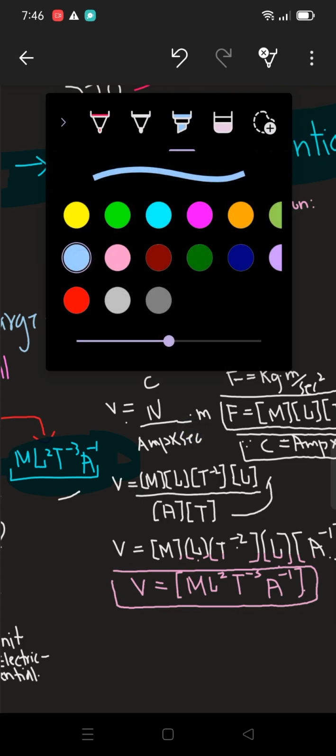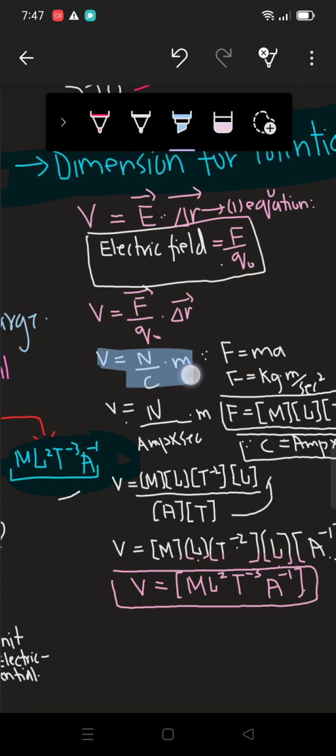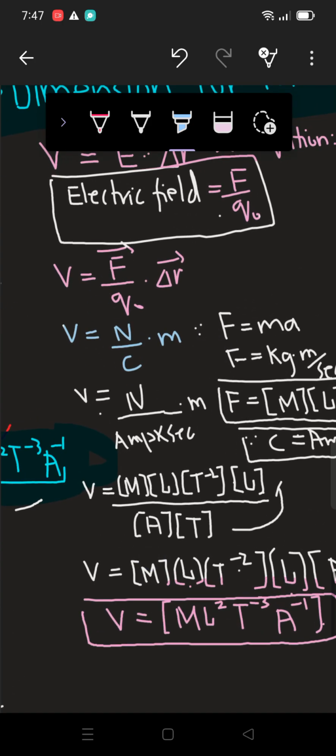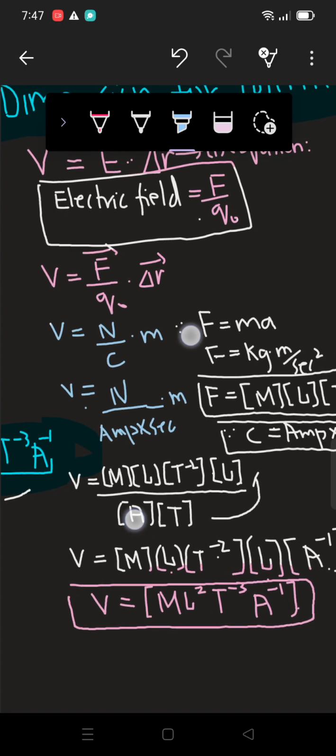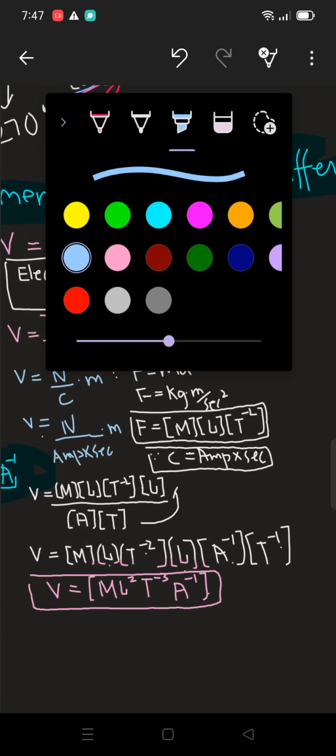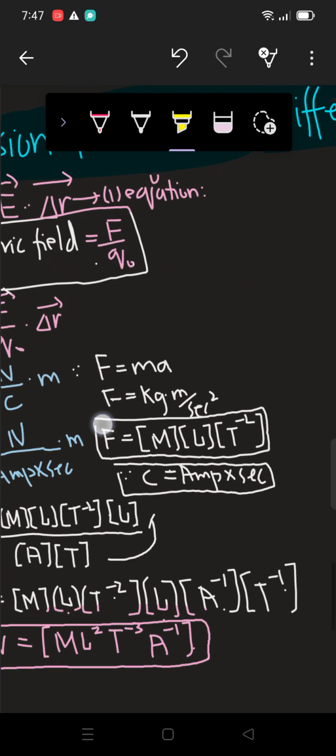We just put that, Newton per Coulomb into meter, since we know that meter is a unit of displacement. We know that 1 Coulomb is equal to 1 ampere into second, and the dimension of the force or Newton was MLT minus 2.